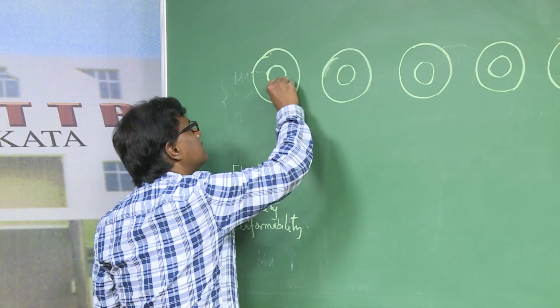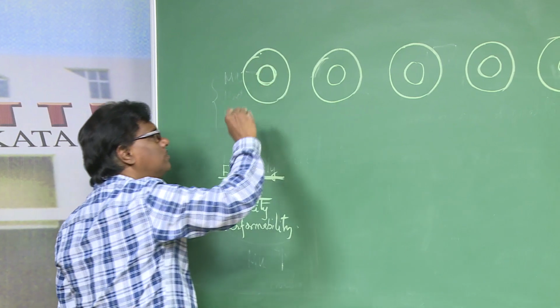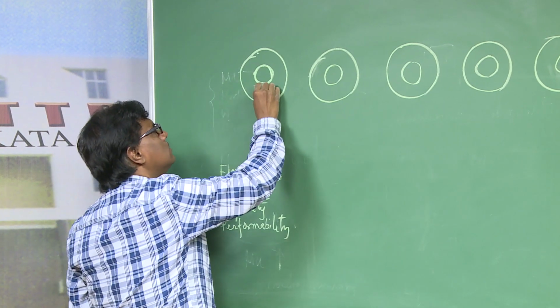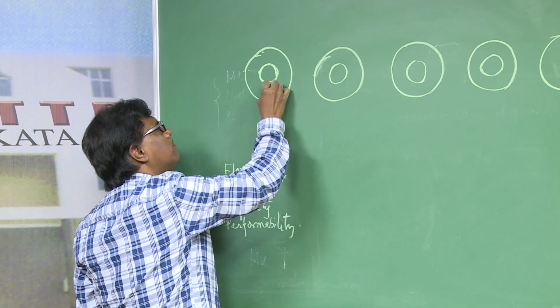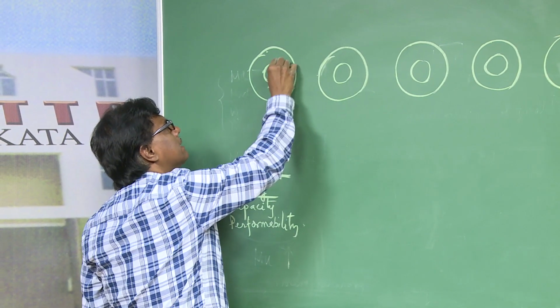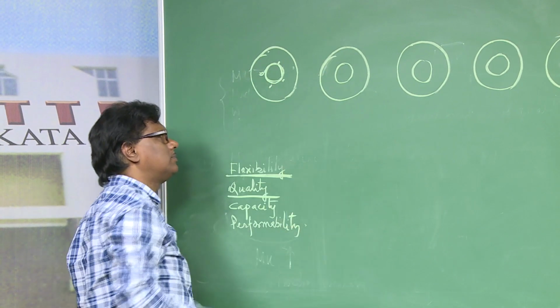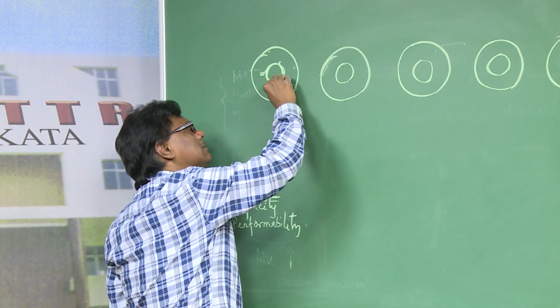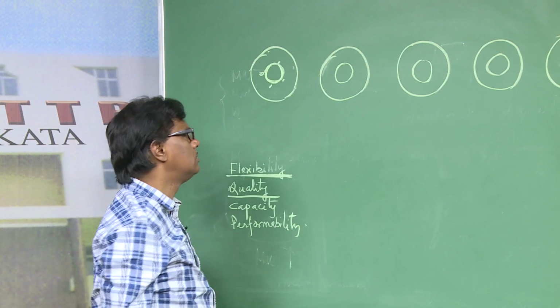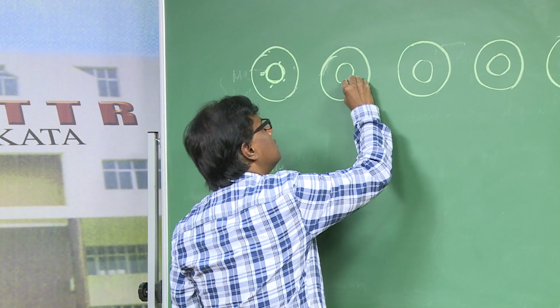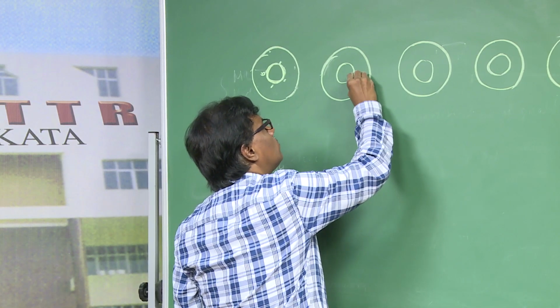This is an inner hole. Somebody shoots 5 bullets here, something like that. This is your eye hole. Somebody throws 5 bullets here.